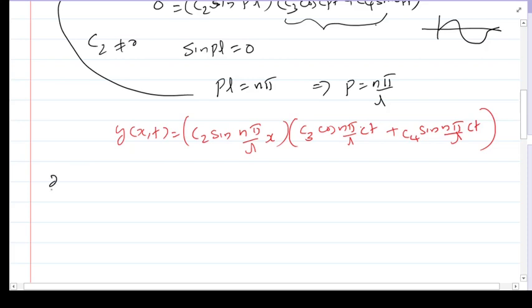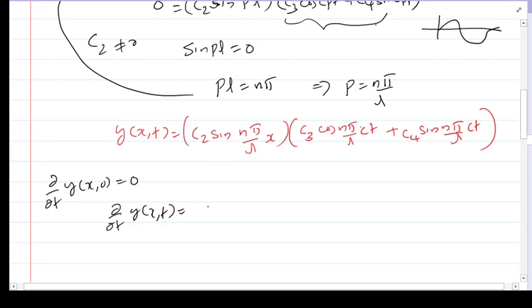That means dou by dou t of y of x,0 is given as equal to 0. So first of all, we find the derivative of this solution, dou by dou t of y of x,t. Wherever you find t, you need to take the derivative.